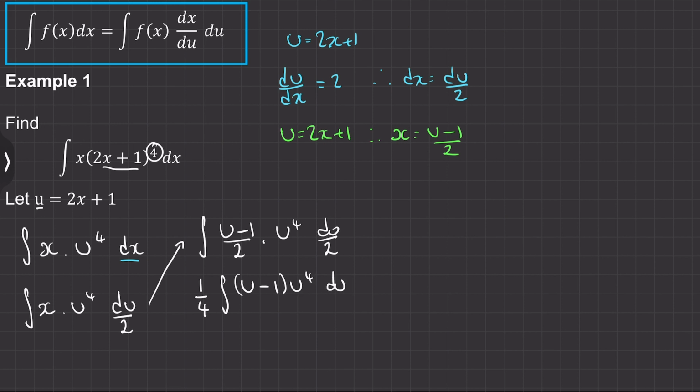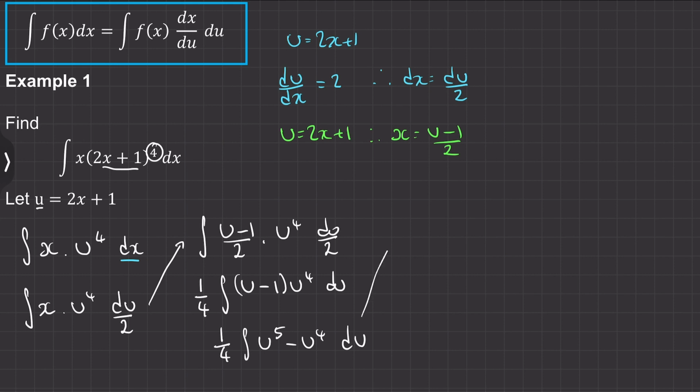And we can simplify it further by expanding out the brackets. So now we have 1 quarter times the integral of u to the 5 minus u to the 4 with respect to u. And can you see that this is a much simpler expression to integrate than this one?